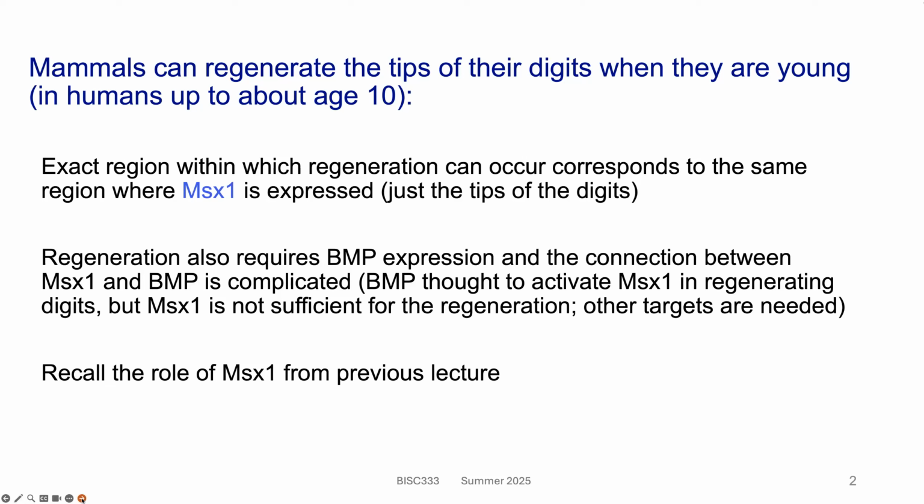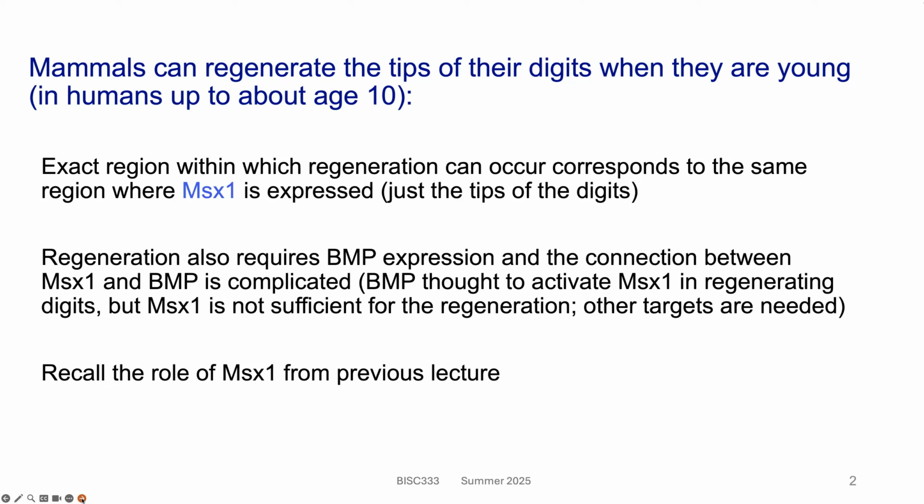And so it's just the tips. So if you think about your own hand, if as a 5-year-old somehow a finger was cut above the first knuckle, there's a really strong chance that can be regenerated. Whereas if it was below the first knuckle or closer to the hand, chances are it would not be able to regenerate.